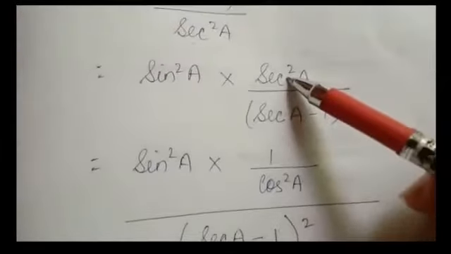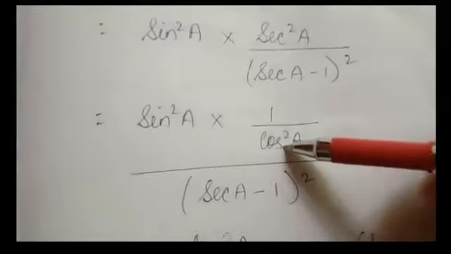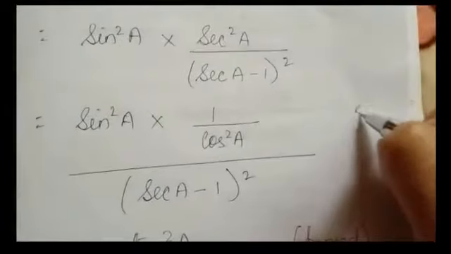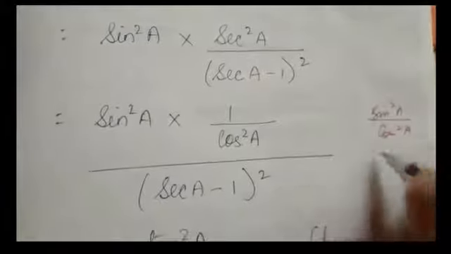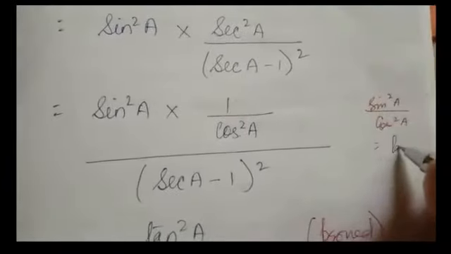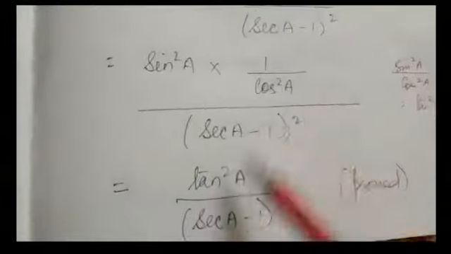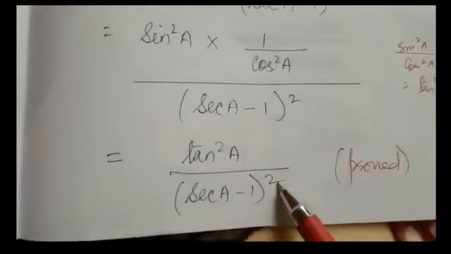So sec can be expressed in terms of cos, we can write 1 by cos. Now sin square A into 1 is sin square A. Sin square A divided by cos square A, which is sin upon cos is tan. Square is there, so tan square A. So in place of this we can write tan square A divided by (sec A minus 1) whole square. Proved.